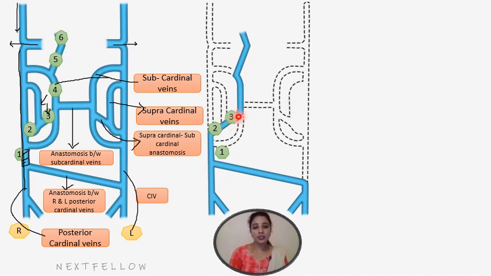The third is the anastomosis between the supra and subcardinal veins. The fourth is the right subcardinal vein, renal segment; this forms the renal vein. The fifth is the anastomosis between the right subcardinal vein and the hepatocardiac channel, and the sixth is the hepatocardiac channel.